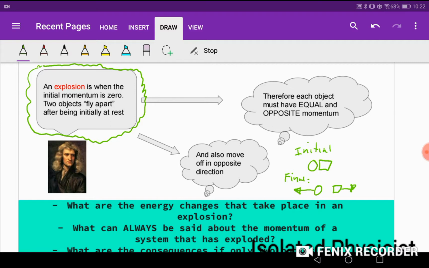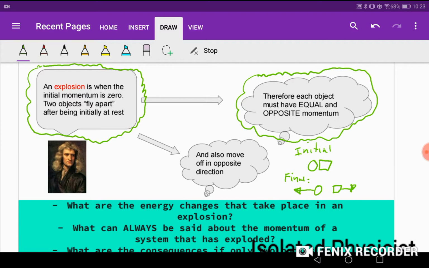So from this we can say two things really. We can say that each object must have equal and opposite momentum. That's really, really important. Each object must have equal and opposite momentum. How do we know this? Well, if it's initially zero and we know initial equals final, then that must be true, and I'll show you in a minute.